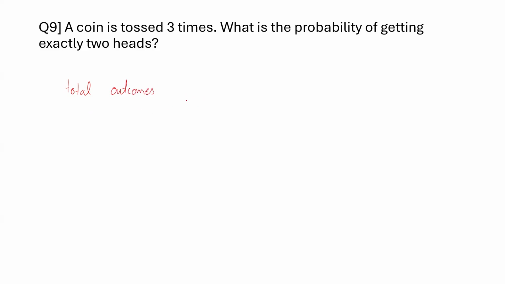See, you are flipping a coin 3 times. If you flip a coin the first time, you will have 2 outcomes, heads and tails. Then again, you are flipping a coin. Again, you will have 2 outcomes, heads or tails. And then the third time when you flip a coin, again, you will have 2 outcomes. So, total you have 8 outcomes, right?